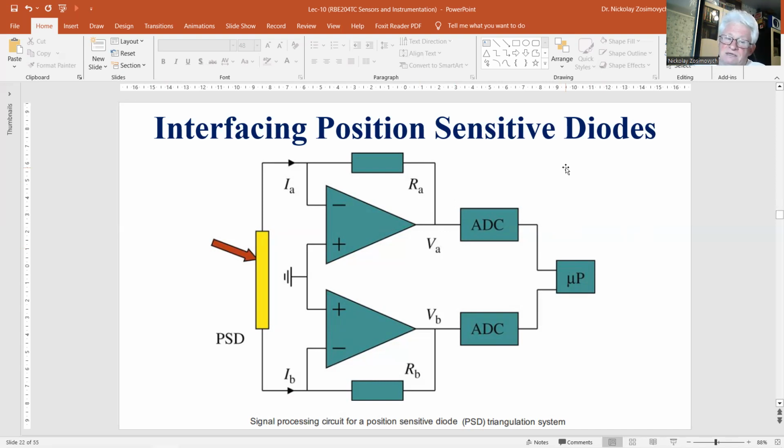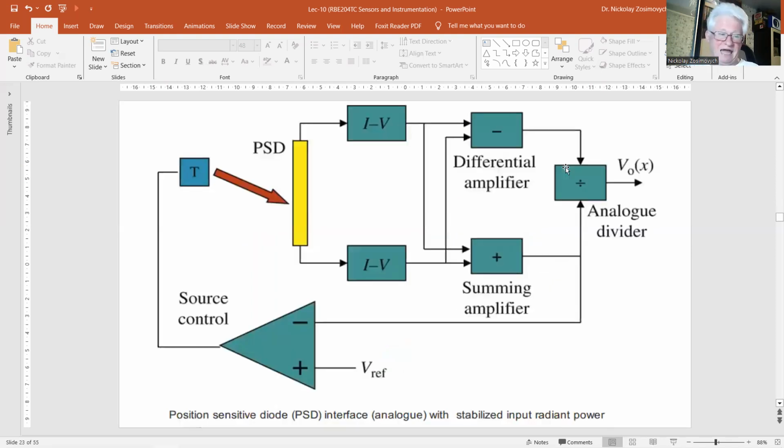On the other hand, at close distances, where the irradiance is high, the interface electronics may run into overload. To extend the measurement range, the source intensity could be controlled in such a way that the PSD receives the highest possible radiant power, irrespective of the distance.